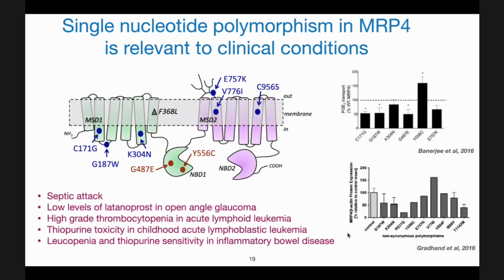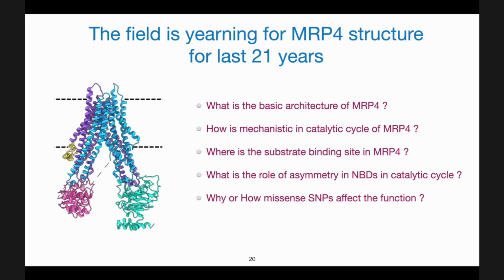So there is a lot of literature on MRP4, and we have been working on MRP4 structure for the last 21 years, to understand all these structure-function relationships and to design new drugs for it.